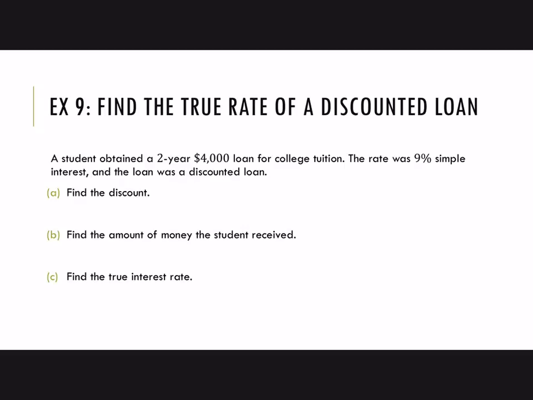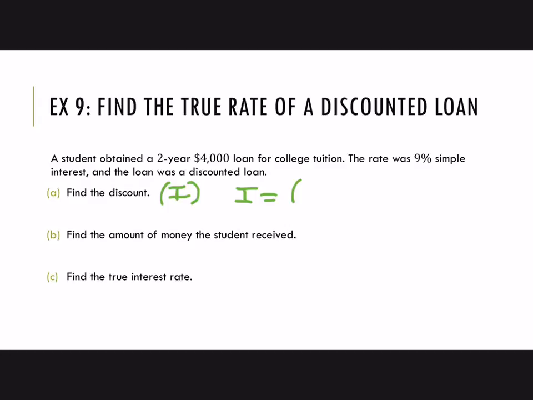A student obtained a 2-year, $4,000 loan for college tuition. The rate was 9% simple interest and the loan was a discounted loan. So first find the discount. Discount in this situation, that's the interest. So this is a simple interest situation. So again, we're going to do I equals PRT.